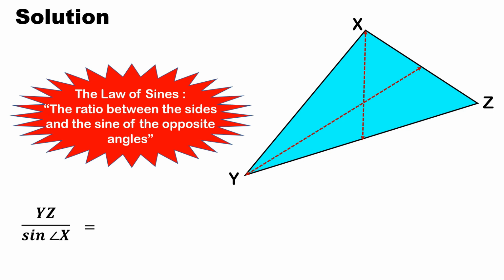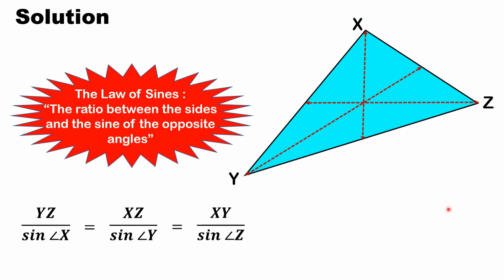So we get XZ over sine of angle Y. And angle Z is opposite side XY. So we get XY over sine of angle Z. This is the formula.